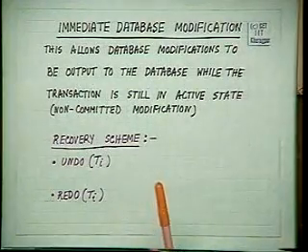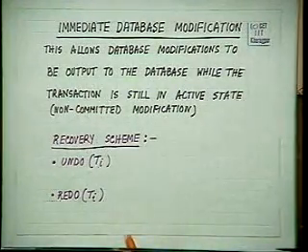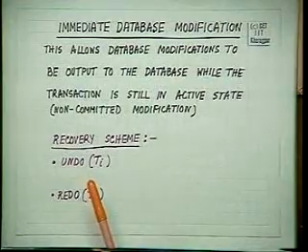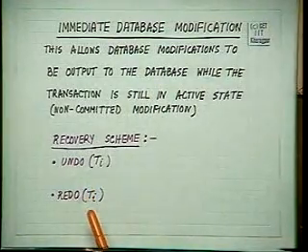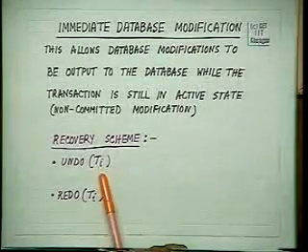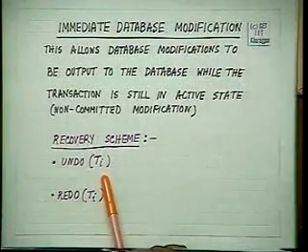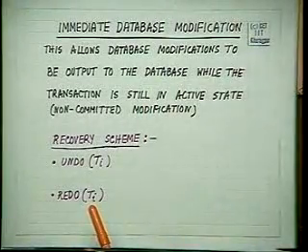For them the new values are written into the disk. For those which have Ti start and no Ti commit, before restarting them we have to do an undo Ti, and undo Ti writes onto the disk all the old values. So using the undo and the redo operation we can recover from the immediate database modification if the technique for database updation is immediate database modification.